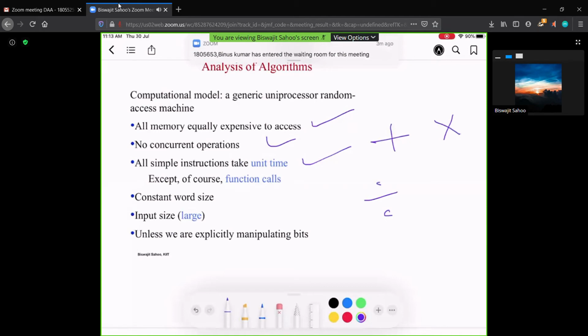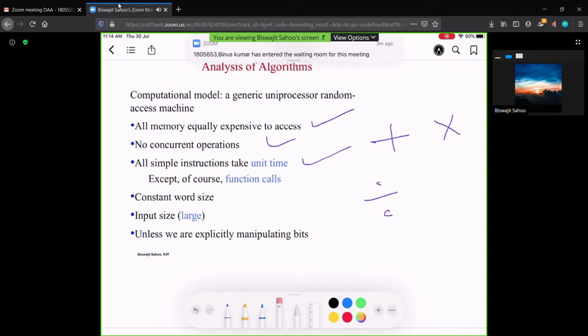That applies if the instruction is a simple instruction, like addition, subtraction, multiplication, division. But if it is a function call, we will not consider the execution as a unit time. Remember, function calls will be treated separately.